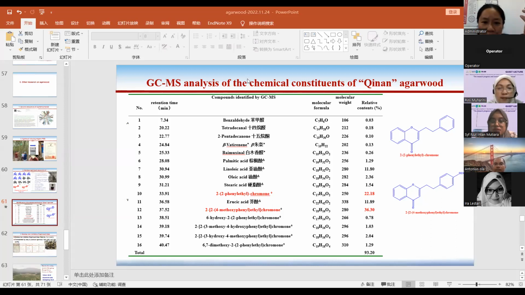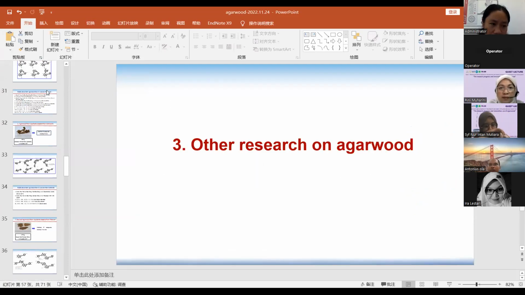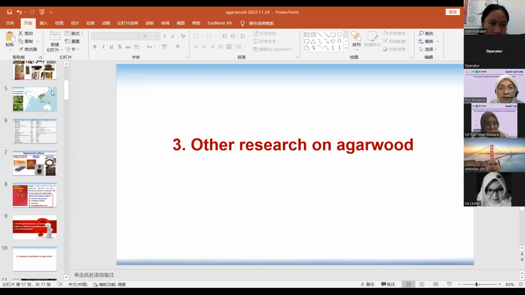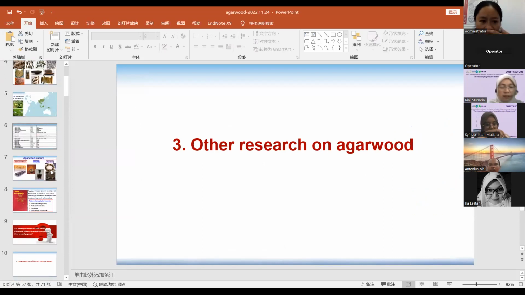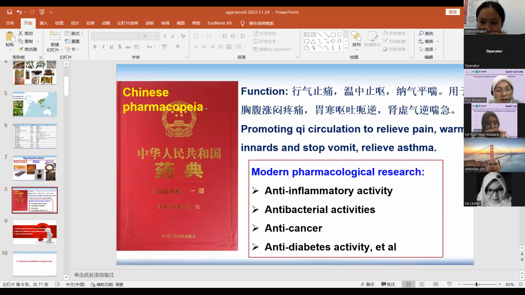Oh, okay. Yeah. Actually, now in one of the hospitals, we have a cooperation. We use the agarwood for some diseases of the stomach.